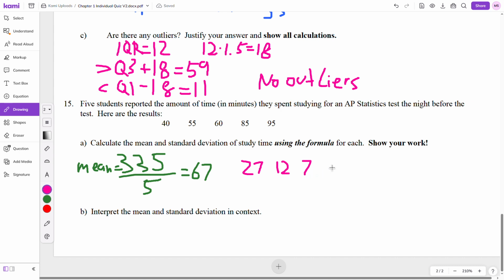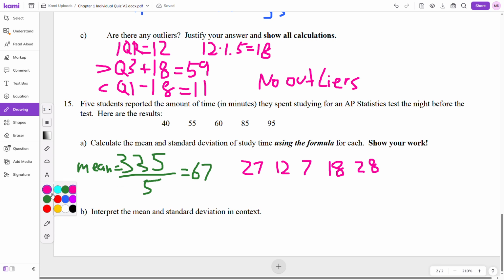And it doesn't matter which order you go. You can also subtract the mean from the number, and I'm going to do that with 85 because it's larger. And that's going to give me 18. And then 95 minus 67 is going to be 28. And so now I have my new 5 numbers. Now I'm going to square each one.